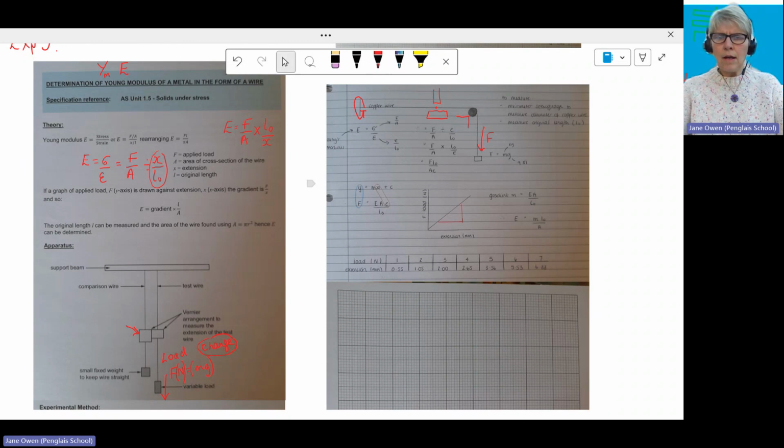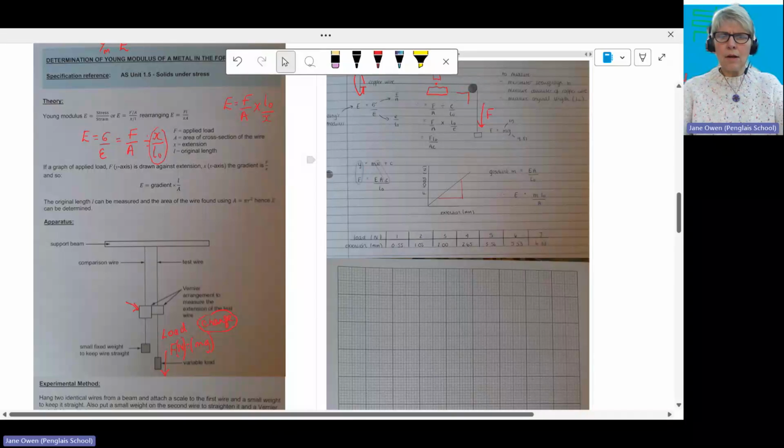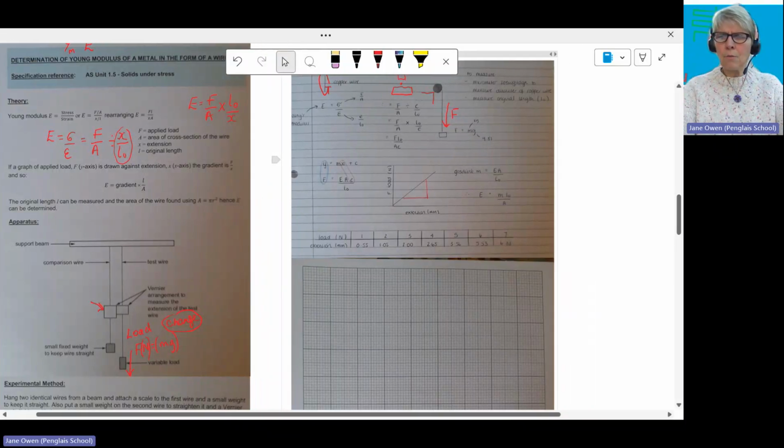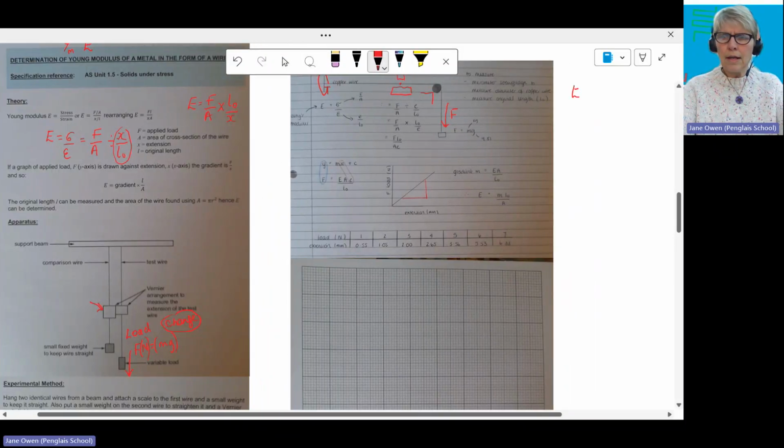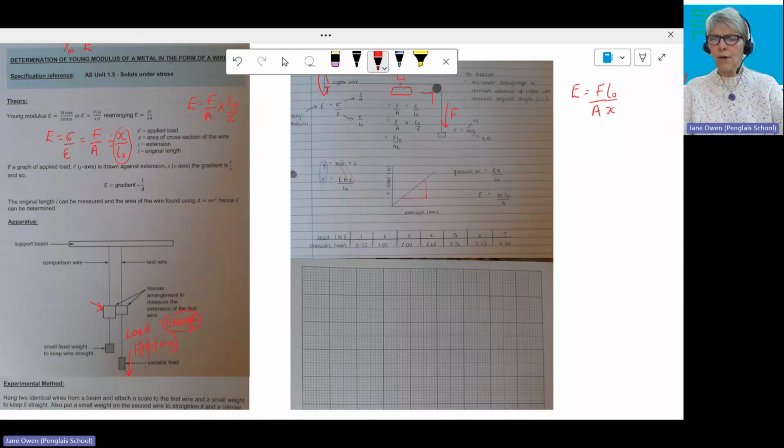Okay, so what we need to do is relate our expression of E equals F A L naught over extension x. You can see that this candidate has used e for x, that's fine, little e.